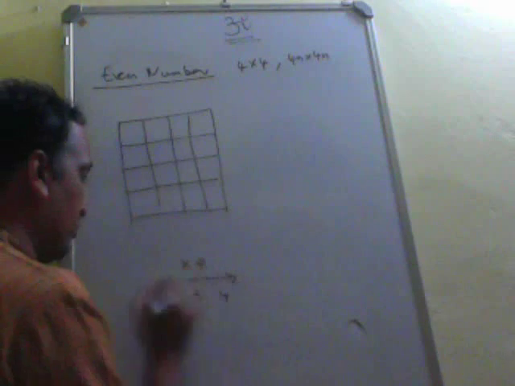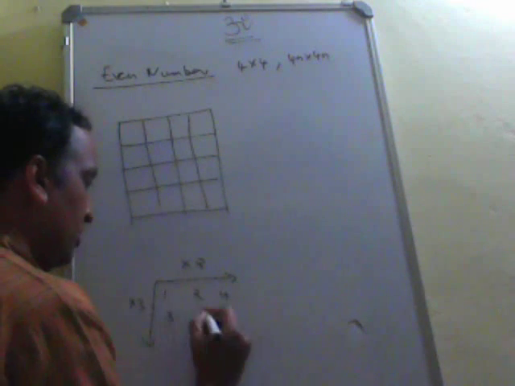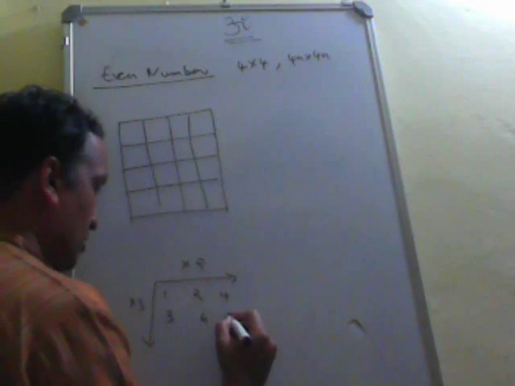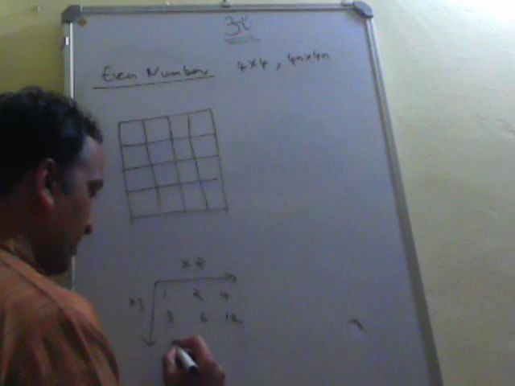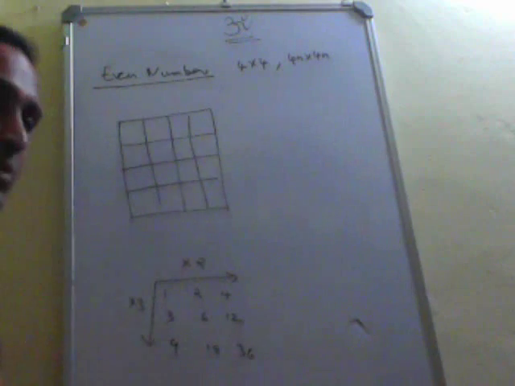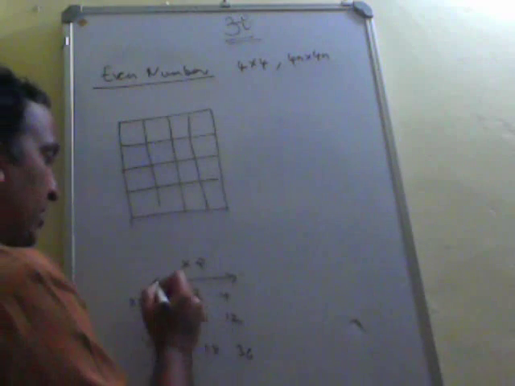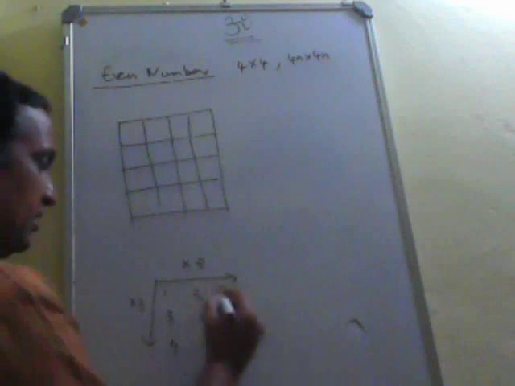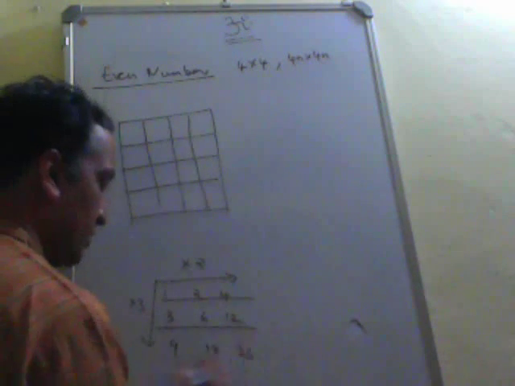Here I multiply by 2, here I multiply by 3. So what I am saying is, I am taking 9 numbers which are like this instead of 1, 2, 3, 4, 5, 6.